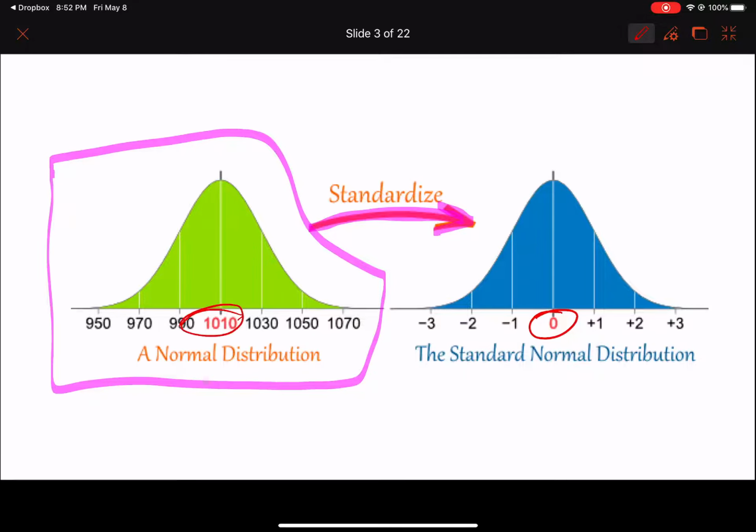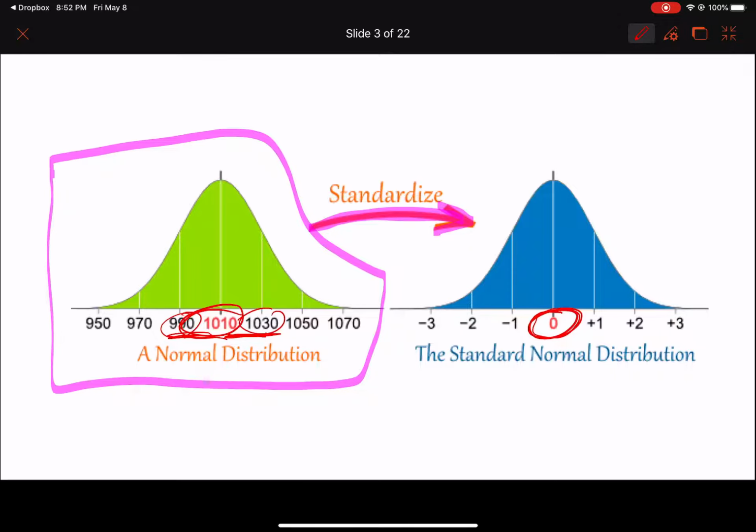The mean over here on the normal distribution is 1010. So the mean of the standard normal distribution is always 0. And then the standard deviation on the one on the left is 20. So one standard deviation on either side, we have 1030 and 990.